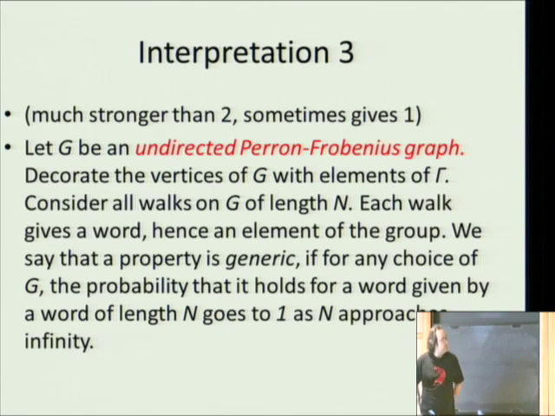So what we do is we put group elements, or actually generating set elements, where Gamma is a generating set, on the vertices of G, and then we walk along the graph, and whenever we see an element, we multiply it to what we've seen before. So that means that if you have all the walks of length n, that translates into a set of elements, possibly with multiplicity, in fact, almost certainly, in the group.